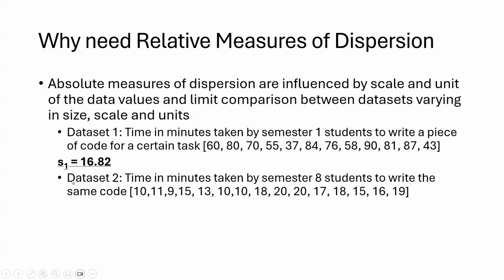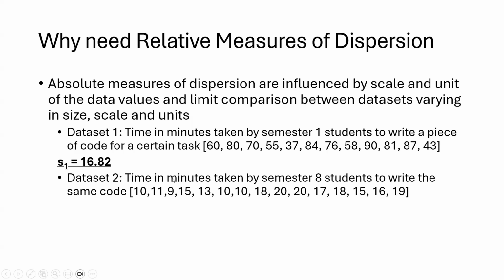Then we have another data set in which we record the time in minutes taken by the semester 8 students, who are better at programming than semester 1 theoretically, to write the same piece of code. And you can see the times here, and we can identify that the least value is 9 and the highest value is 20, right?